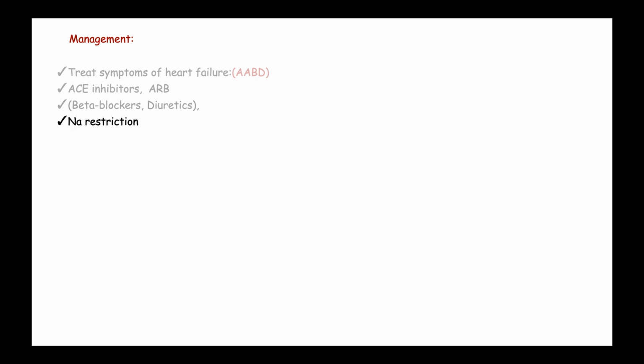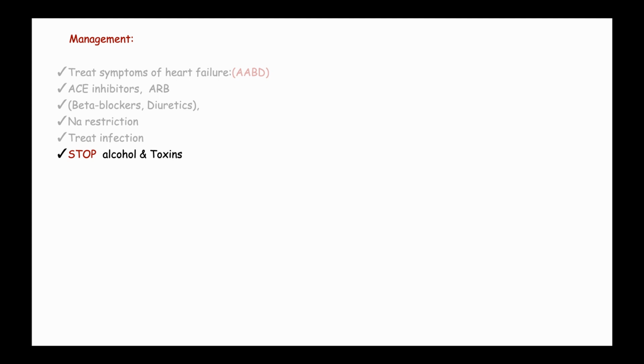Now, we also need to restrict sodium intake in order to reduce the amount of fluid in circulation. Then we must treat infection if we find one. Then we have to stop alcohol intake, since we said the alcohol cause of cardiomyopathy is reversible.